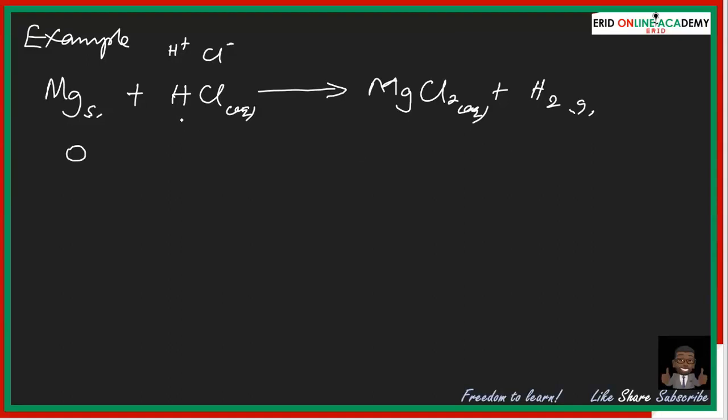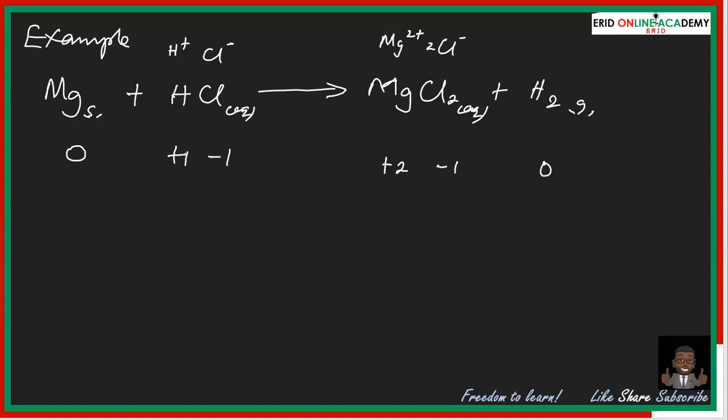So hydrogen here has an oxidation number of +1, while chloride has an oxidation number of -1. Now magnesium in your ionic compound is Mg2+, while this is 2Cl-. So magnesium here has a charge of +2, while chloride still has a charge of -1.